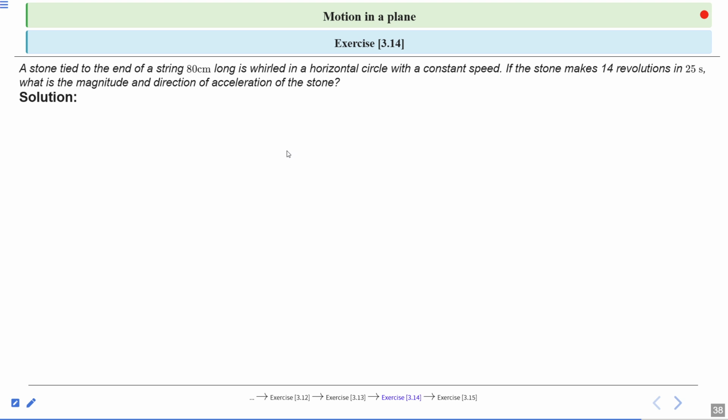So centripetal acceleration AC is equal to omega square r. This is the formula of the centripetal acceleration. We know the value of omega, just substitute it, that is 88 divided by 25 whole square into 0.8. Here 0.8 is the radius in terms of meter.